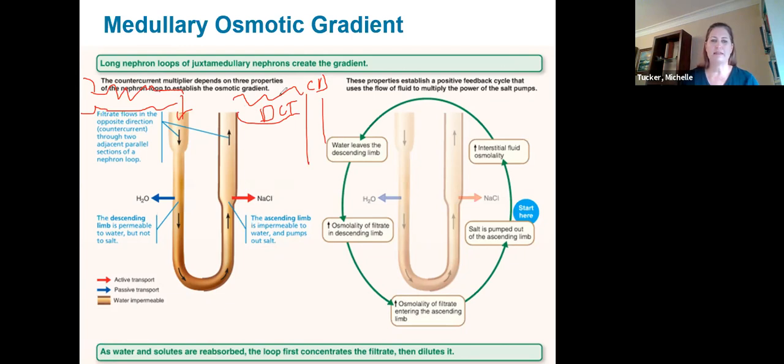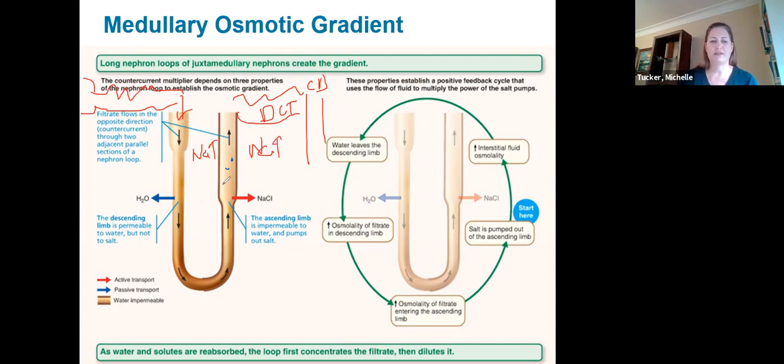In the ascending limb, water cannot move. It's stuck in here. But salt is actively transported out into the interstitial fluid. So the salt concentration is going to increase, both between this loop and on this lateral side. As salt is actively transported, the concentration increases.